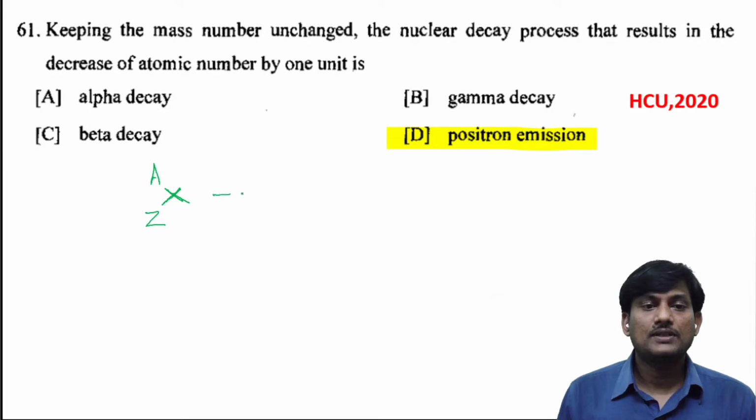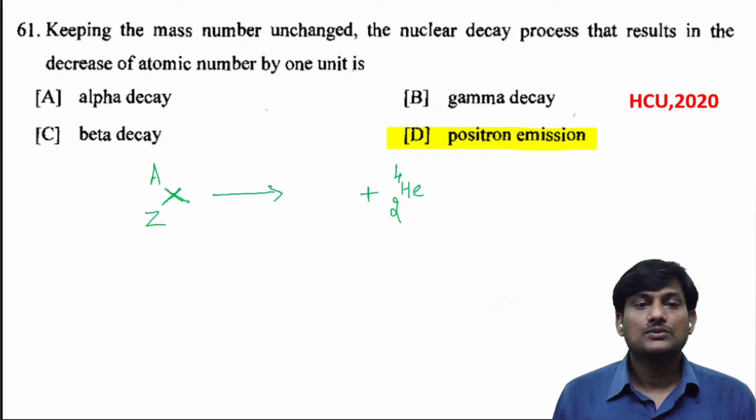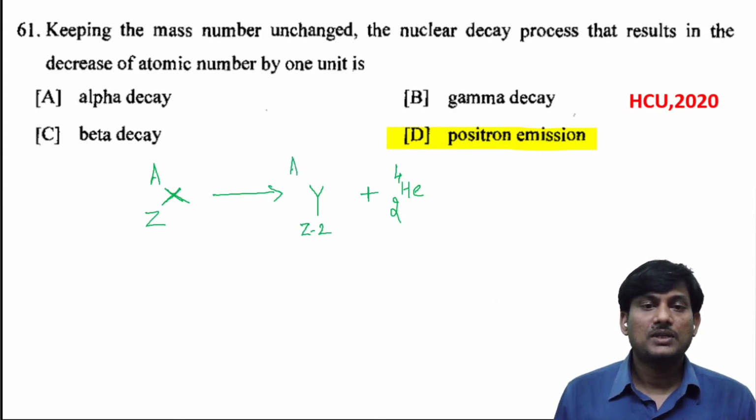So when there is alpha decay, there is a release of an alpha particle. So the alpha particle is 2He4. So here you will get another nucleus. Let's take Y, and there is a decrease in atomic number, Z minus 2, and atomic mass, A minus 4.